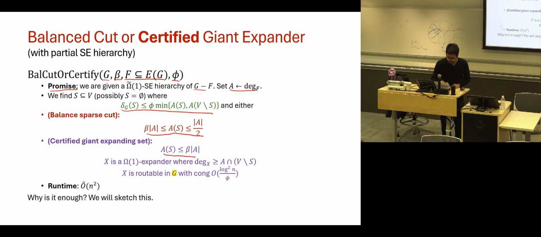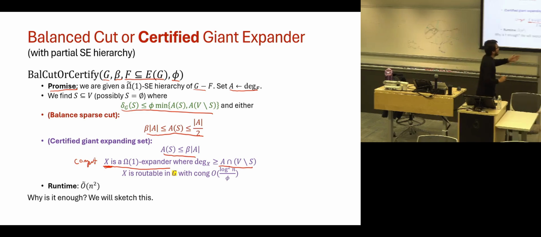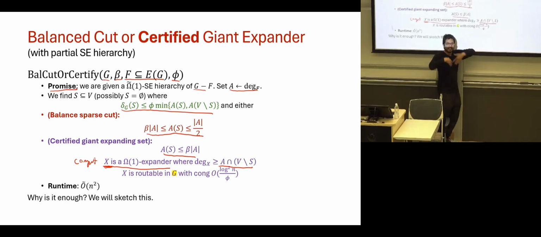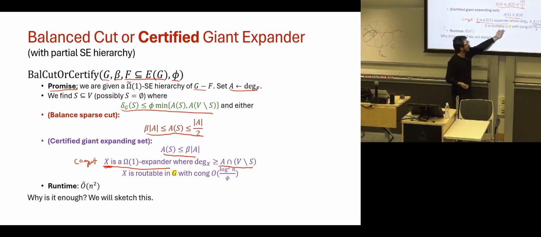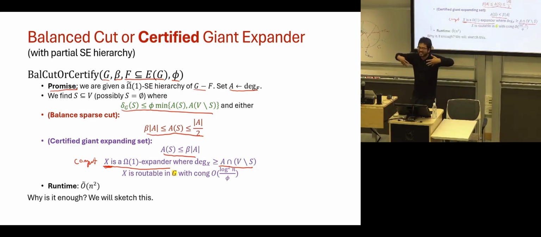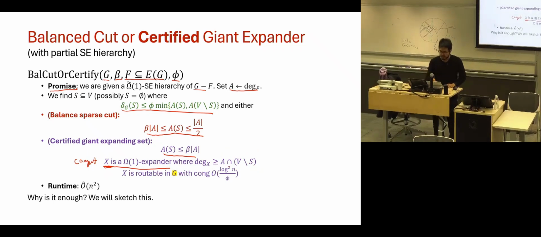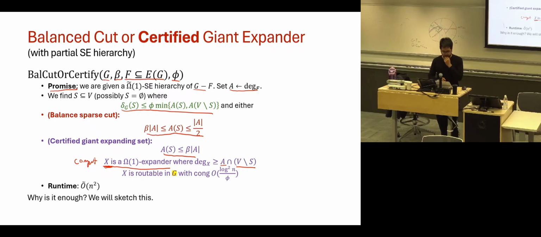But if it's not balanced, you also compute an expander X such that X contains the set that you want to say is expanding, and X is routable in G. Okay? So you embed an expander that certifies expansion of A minus S, A on the side of V minus S.